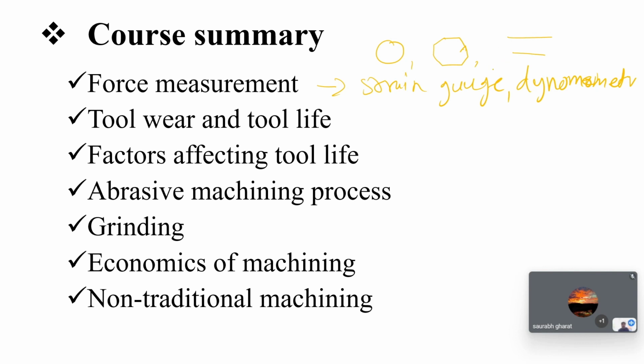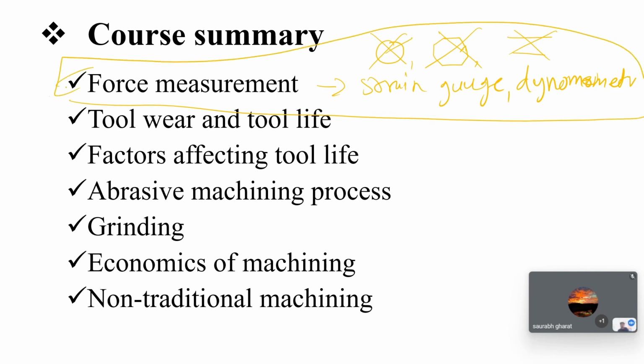So how is it happening, at what angle is it, and here it is stabilizing it. This part you must consider in force measurement: how the force is measured by the strain gauges and dynamometers.